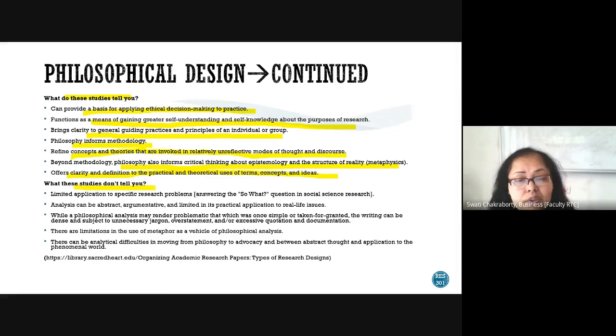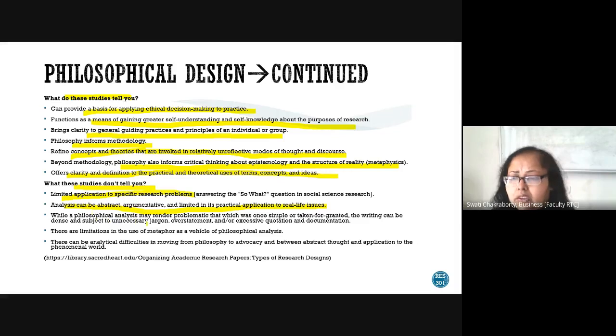What these theories don't tell us is their limited application to specific research problems. So, where we say, so what, right? Analysis can be abstract, argumentative, and limited in its practical applications to real life issues.